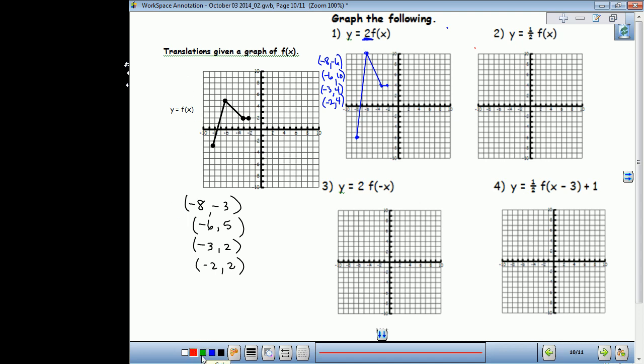Okay, now number 2 takes this function f of x, and it's a vertical compression by a half. So what do we do to all these y's? Divide them by 2. So (-8, -1.5), (-6, 2.5), (-3, 1), (-2, 1).